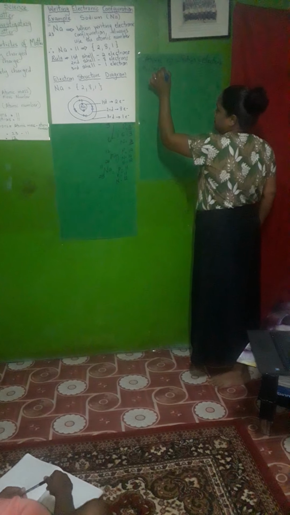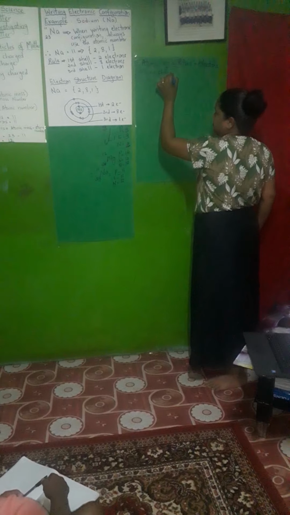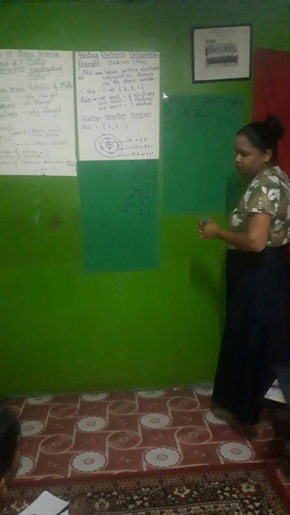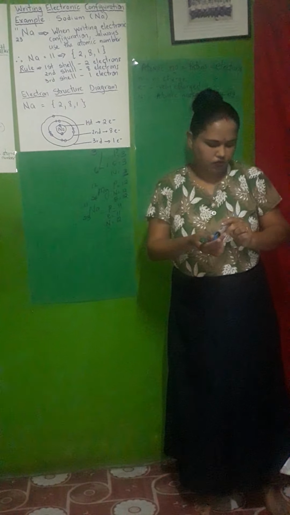Your neutron does not have any charge, and your electron is negatively charged. In order to find your number of neutrons, you will have to subtract: atomic mass minus your atomic number. Then you will get your number of neutrons.